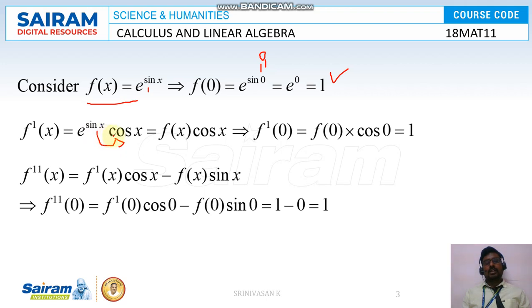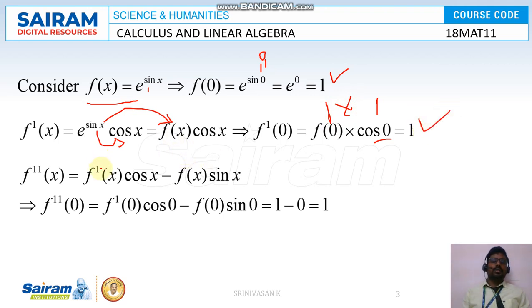So cos x into e power sin x, that is, f of x into cos x, because e power sin x is the given function. Substitute x equal to 0: cos 0 is 1, and f of 0 is also 1. So 1 into 1 is 1.